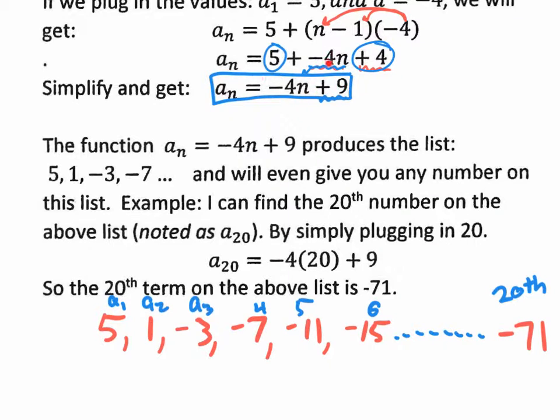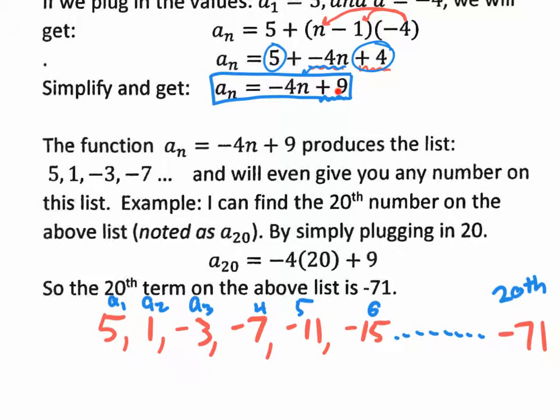Because if you know the a sub nth rule, you could find any number. Imagine this. I could tell you, find the 100th number on this list. Imagine 1, 2, 3, 4, 5, 6, 7, 8, 9, 20, 21, 22, 23, all the way to 100. I already know that that answer is going to be negative 391. Because if I plug in 100 right here, that'll be negative 400.